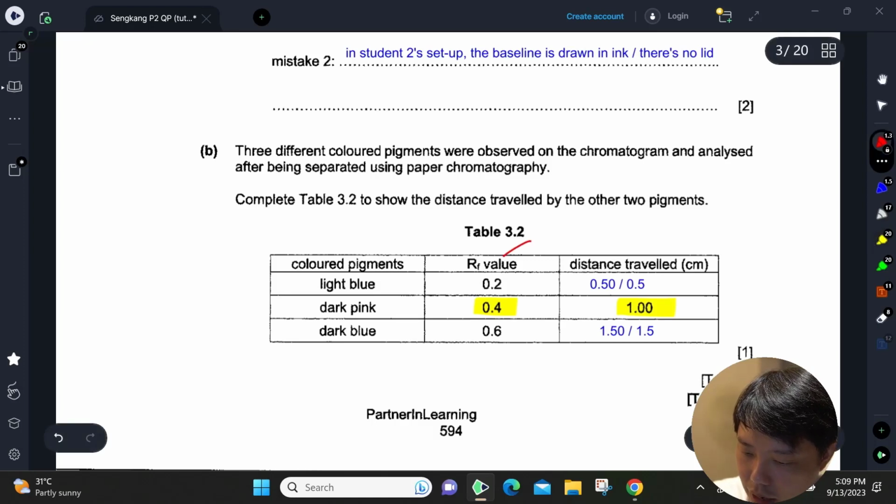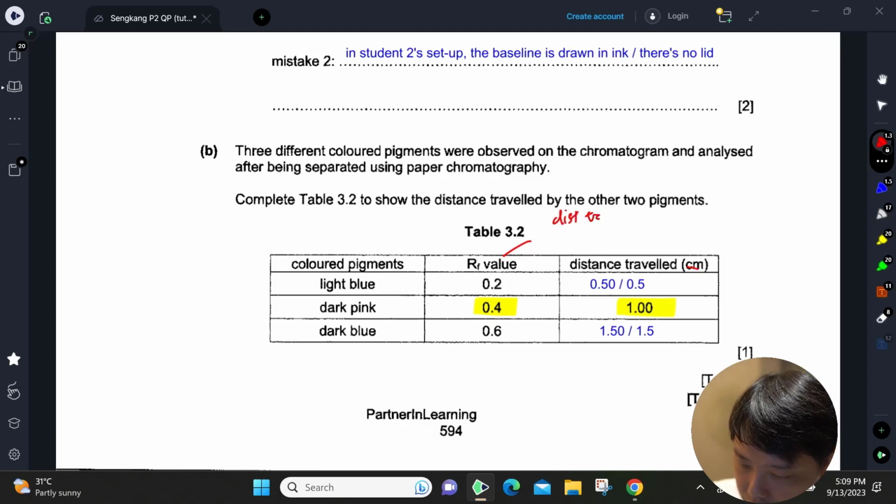Take note that the RF value is the distance travelled by the pigment over the distance travelled by solvent. The one on top is travelled by the pigment. The one at the bottom is travelled by solvent.